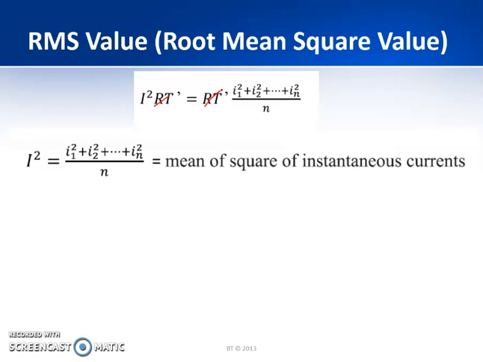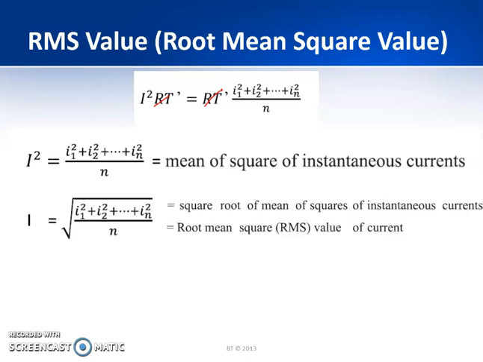So I square will be equal to the mean of the square of the instantaneous current. Then the RMS value will be equal to the root of the mean of the square of the instantaneous values of the currents. This is how we calculate the root mean square value of a current.